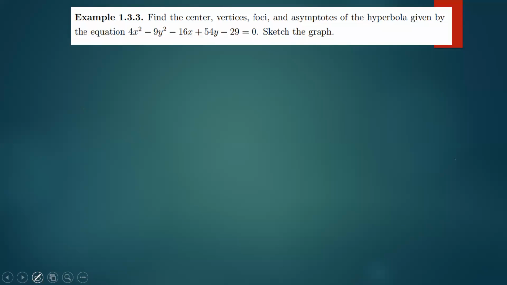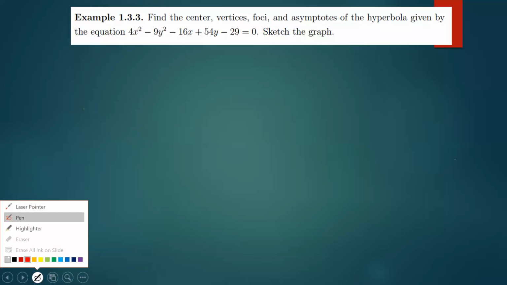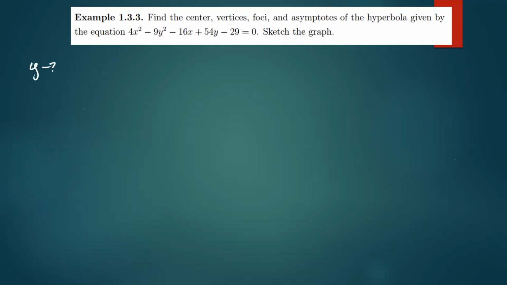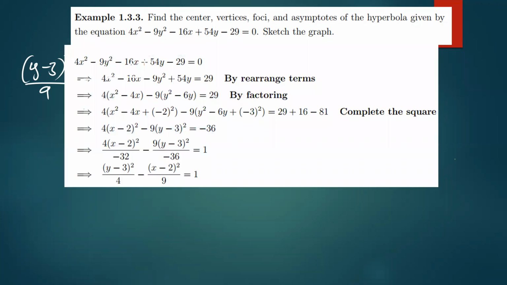Let me just write them down. (y minus 3) squared over 9 minus (x minus 2) squared over 4 is equal to 1. Just want to confirm. All right.